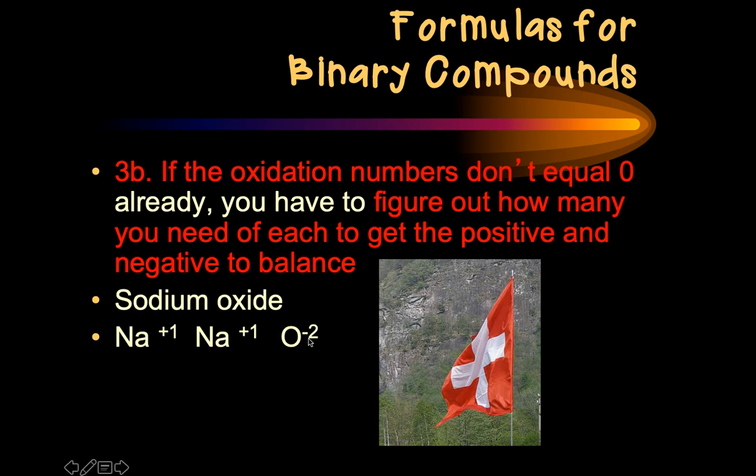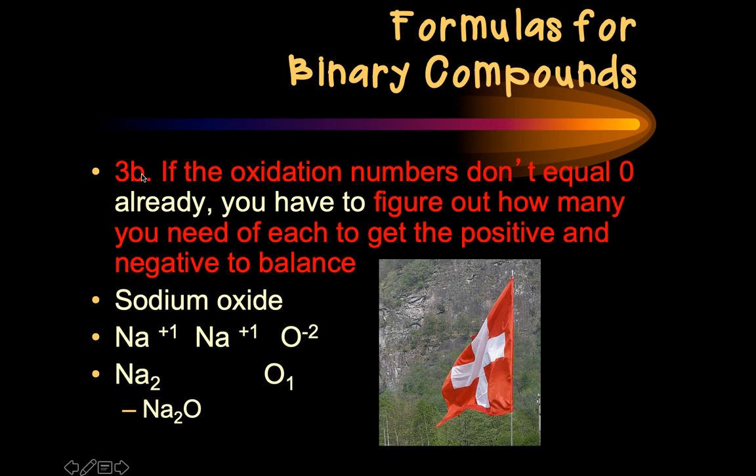So if I have 2 sodiums, they each give an electron. Now these 3 ions all connect and they make a stable neutral formula unit, meaning we've now got 2 sodiums and 1 oxygen, but we don't write ones. So the answer would look like this, Na2O.